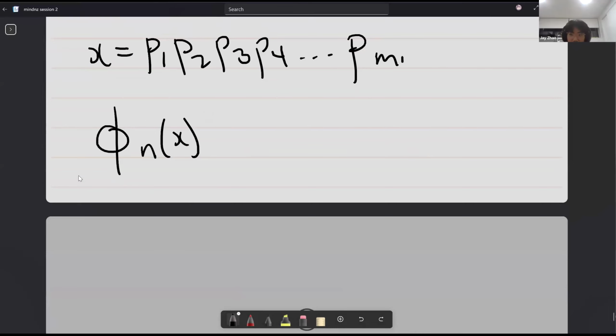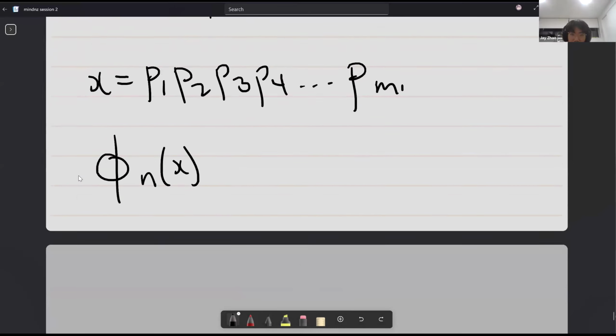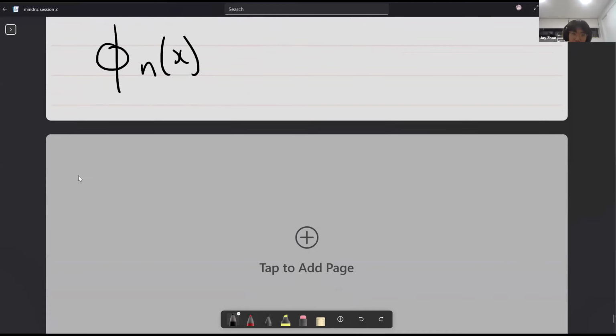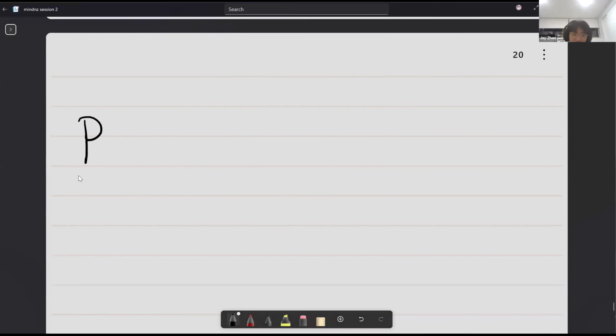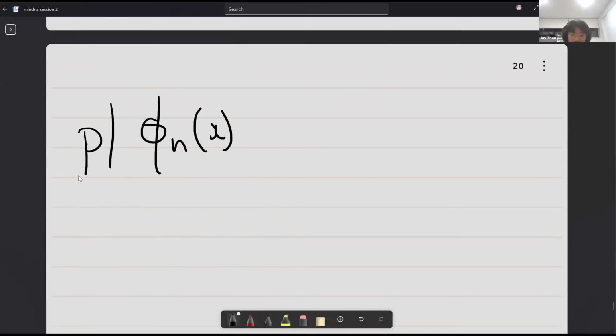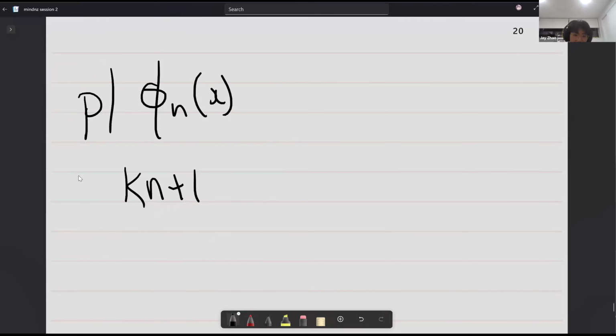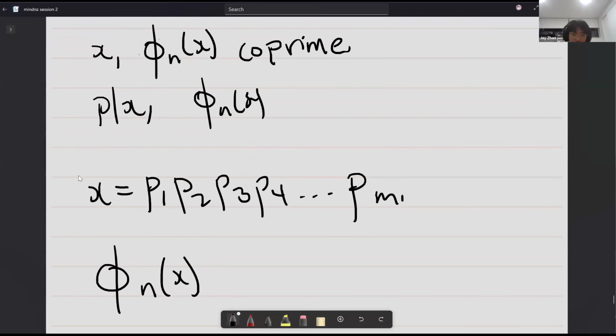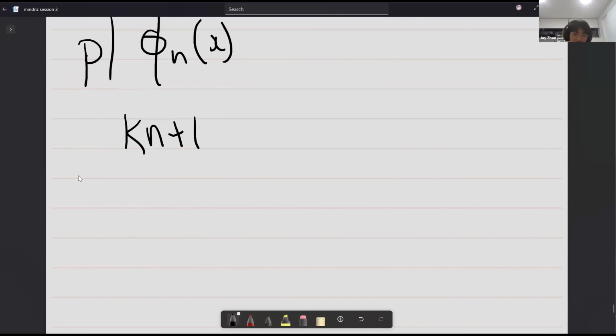But we know that there exists some p which divides this. And because all the prime divisors of this are of the form kn plus 1, that means there's some other prime of the form kn plus 1.